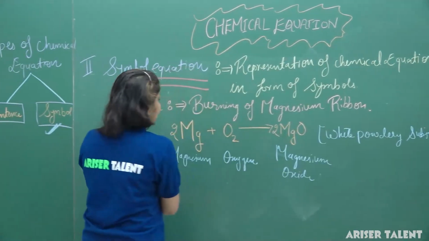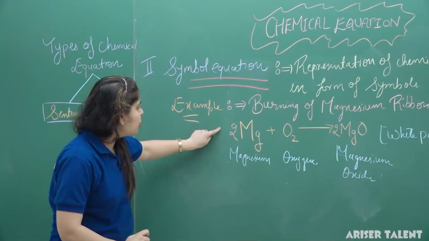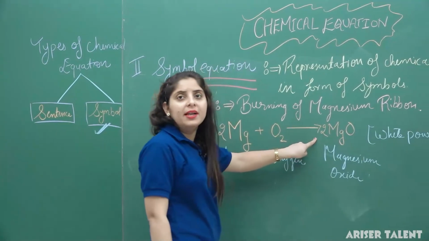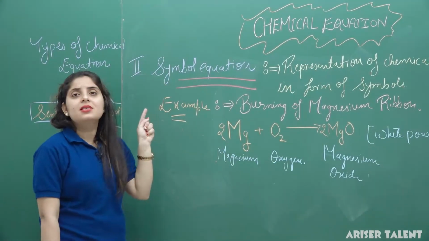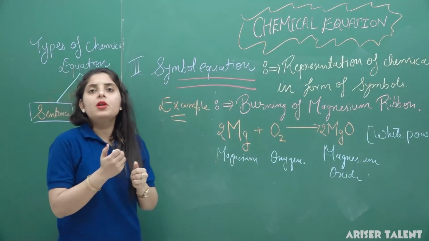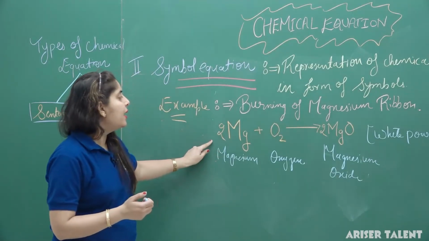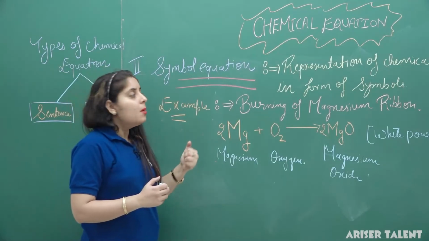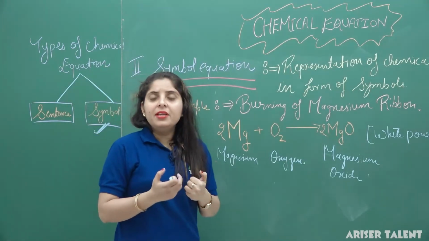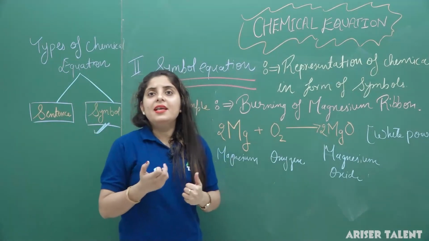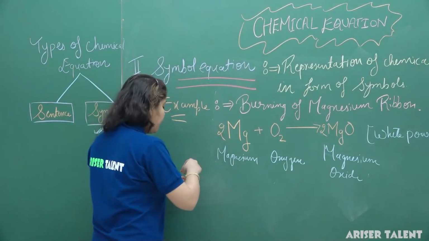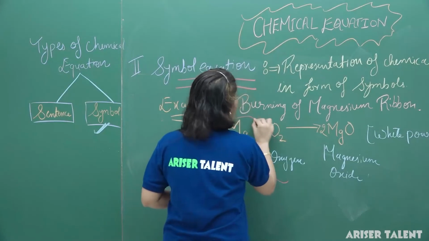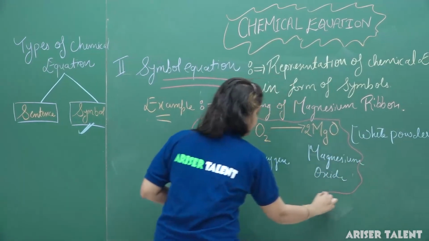So we write the symbol for magnesium here, the symbol for oxygen here, and the symbol for magnesium oxide here. This is known as the symbol equation, and it is easier to write the equation in symbolic form rather than sentence form, because it is convenient and less time consuming. So we prefer symbolic equations for writing any formula of the compound.